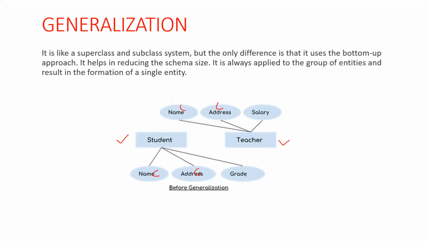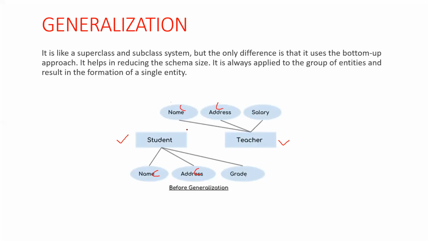Now what we want to do is make a generalized entity connecting the two entities, both student and teacher. So here I am going to take another entity, person. Person contains only the common attributes, name and address.